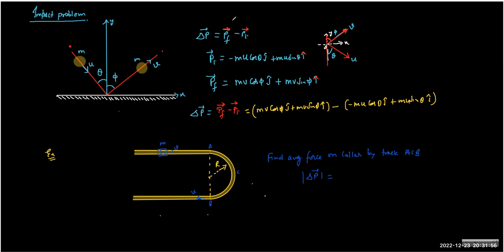So if you think that way, what is the change in momentum then? Minus MV minus MV, so minus 2 MV. The magnitude is 2 MV. So you got the answer.